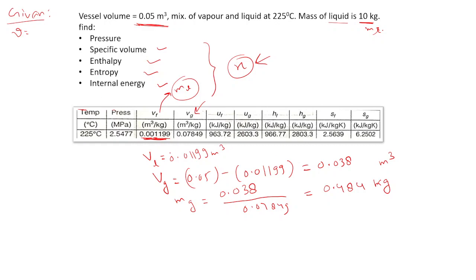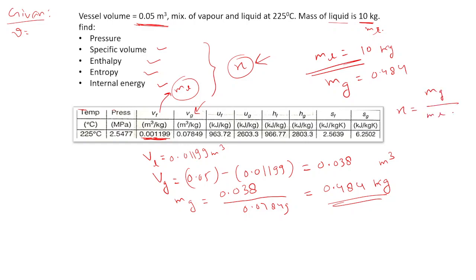So our aim is to find the mass of the vapor, mg, since we already know the mass of the liquid. The mass of the liquid is 10 and the mass of the vapor is 0.484. So easily you can find x now, right? Mg by ml plus mg. So what is the value of x? 0.046.